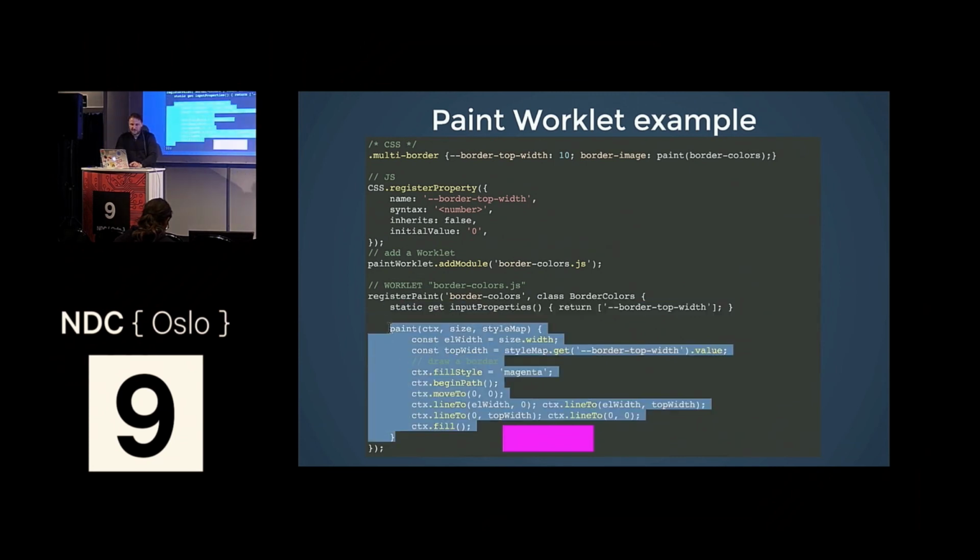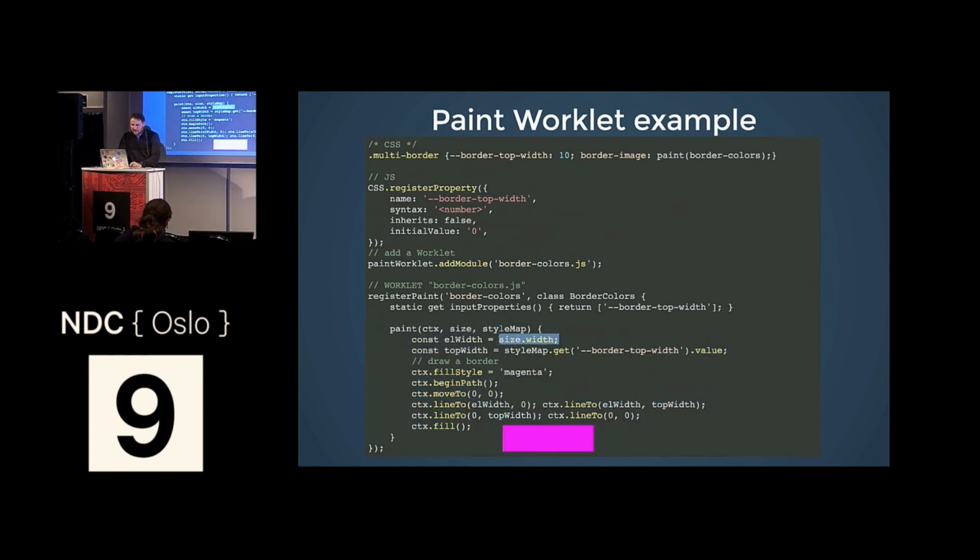This code will be executed every time in your browser when you do some changes. You have the canvas, the size or geometry of the element, and the style map, all the styles which we use. So here I say, give me the width of my element and the border-top-width. That's it. After that, I'm using the canvas. If you know what canvas is in JavaScript, you simply draw a rectangle and fill it with magenta.